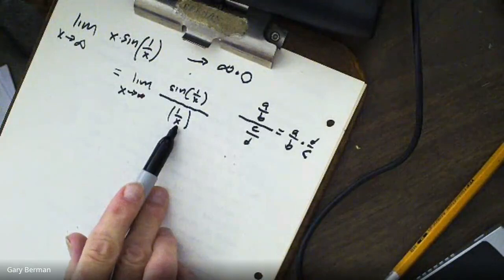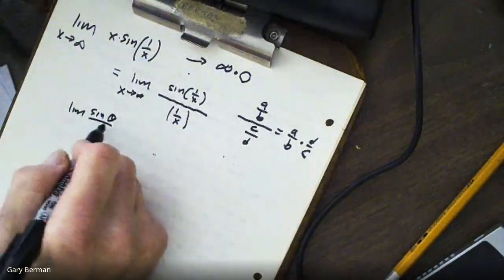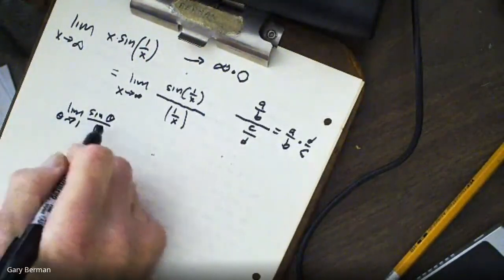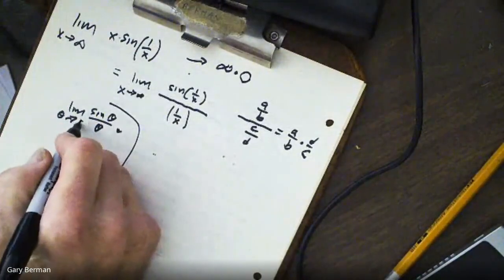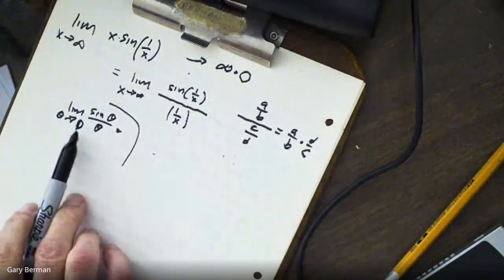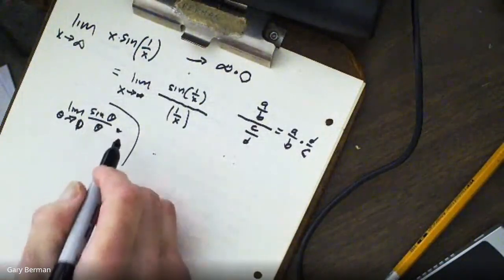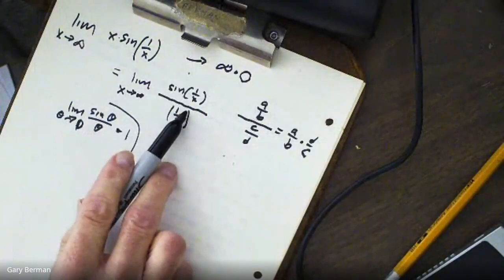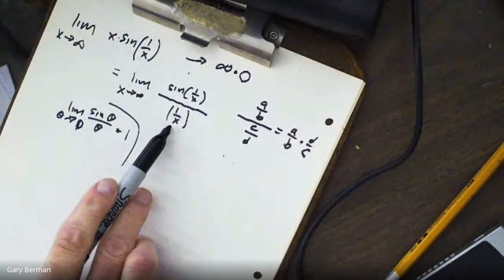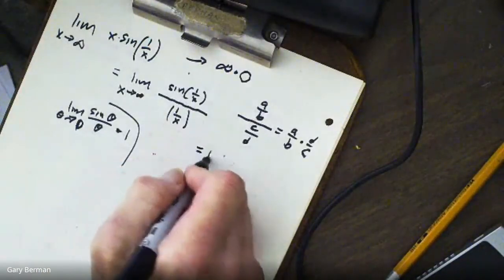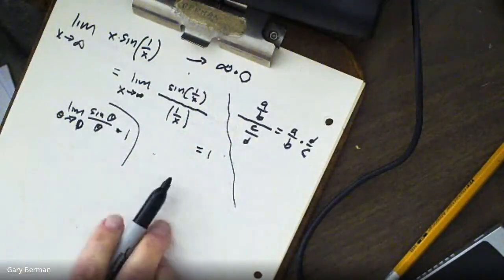Well, that should ring a bell, because sine theta over theta, as theta goes to 0, the top is going to sine of 0, which is 0, the bottom is going to 0, and that's equal to 1. That's exactly what's happening here. So this thing actually is sine theta over theta as theta goes to 0 in disguise.